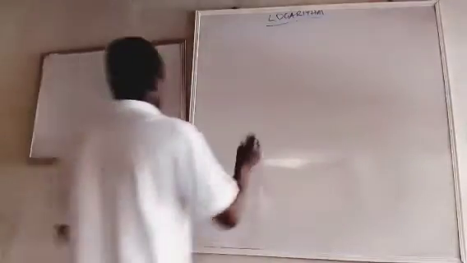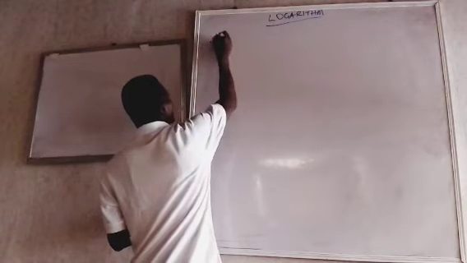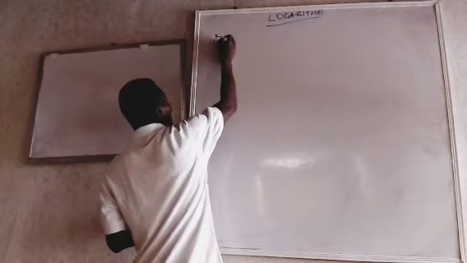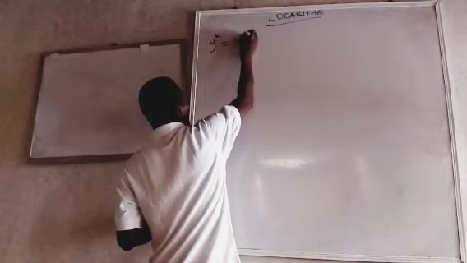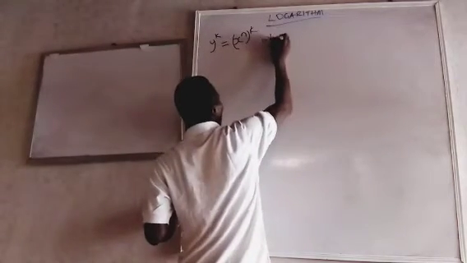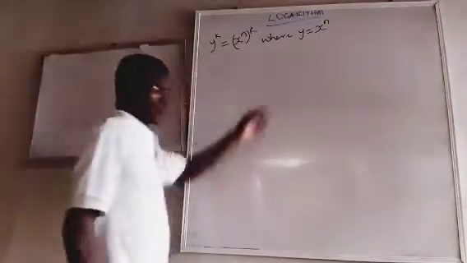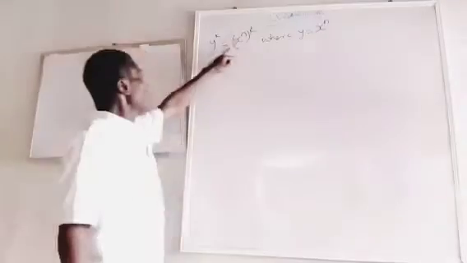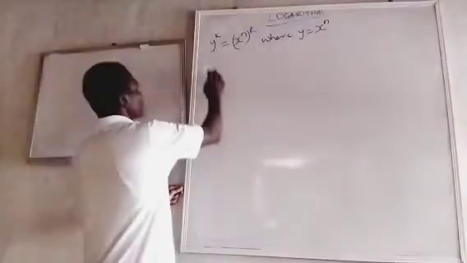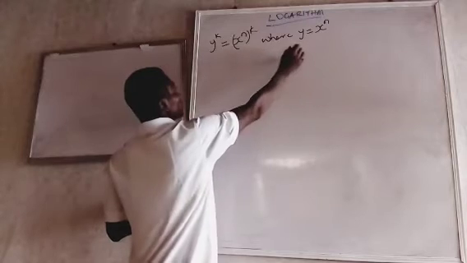Now let's look at another situation. I have something like this. Y raised to power k is equal to x raised to power n, raised to power k, where y equals x raised to power n. You can see, if y is raised to power k, all of this will be raised to power k. Now let's look at one thing.